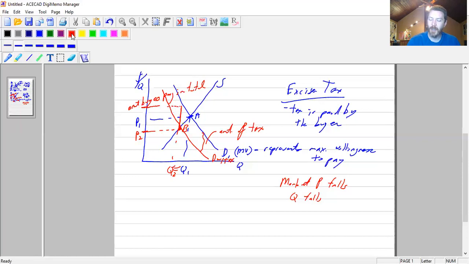Whether the tax is paid by the buyer or the seller, that's called the statutory incidence. That refers to how the law is written, the statute. That's referred to as the statutory incidence.